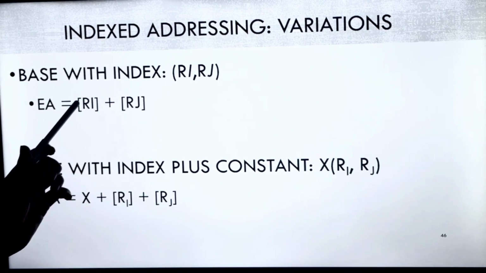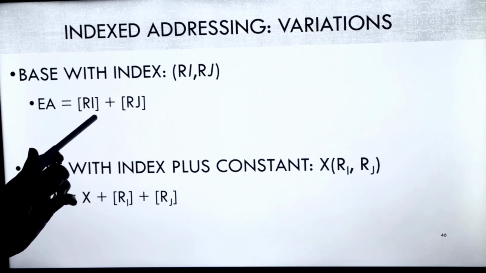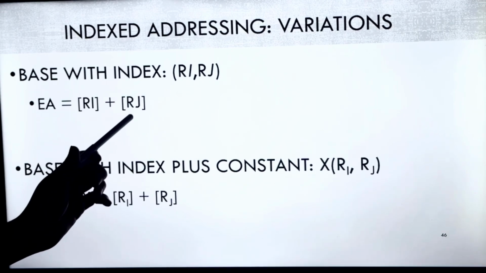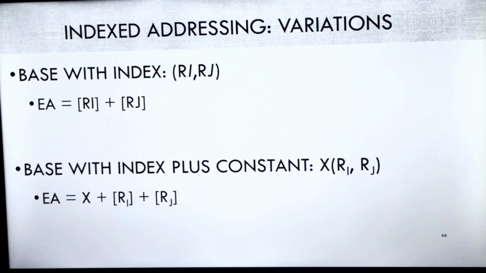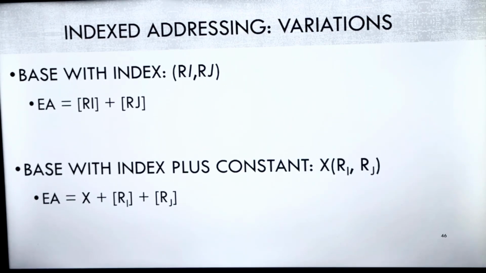Fine, similar thing, but here the offset will not be directly given, it will be stored in some other register. The offset you are storing in Ri and the initial position you are storing in Rj. Now base with index plus constant. Here, in some cases, we have some constant value also to be added with the offset plus the actual address. This is how you can get that.